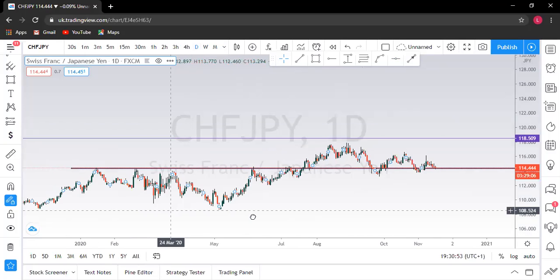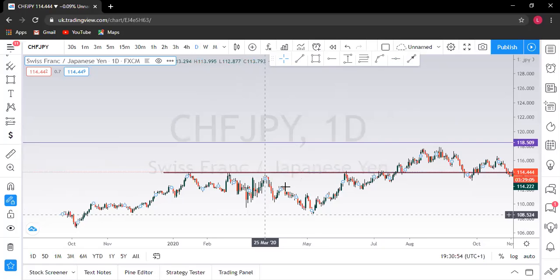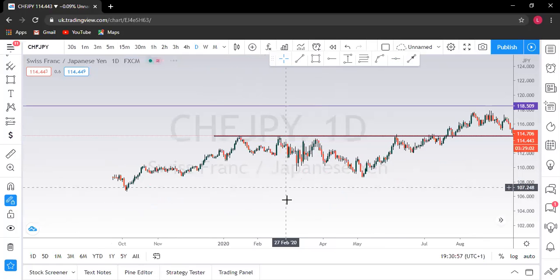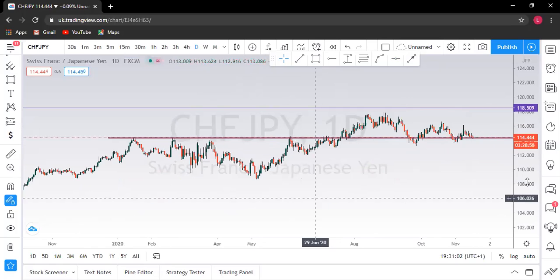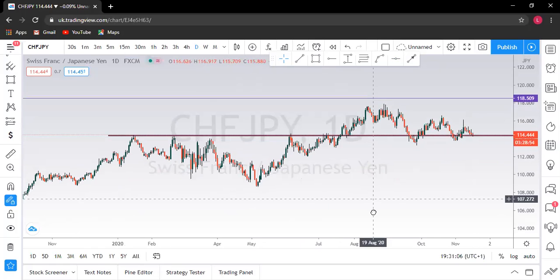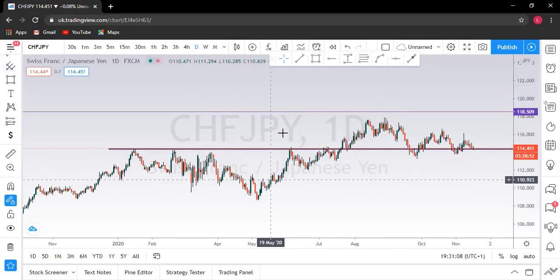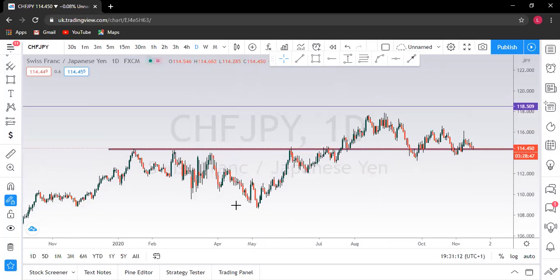So now this is the daily time frame. Remember that we are scaling through the time frames to see a better position for us to trade. Now look at this level here, which is acting as resistance.